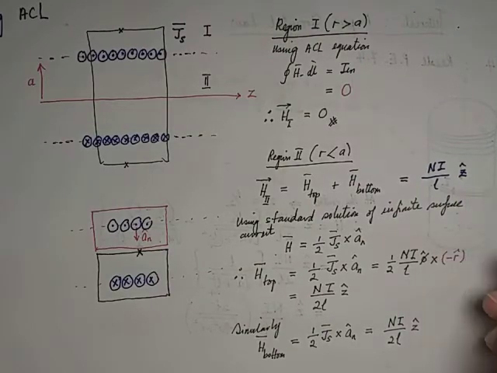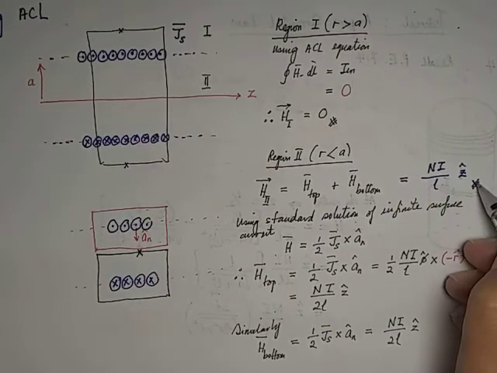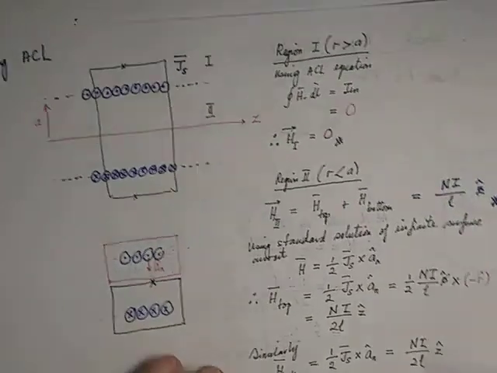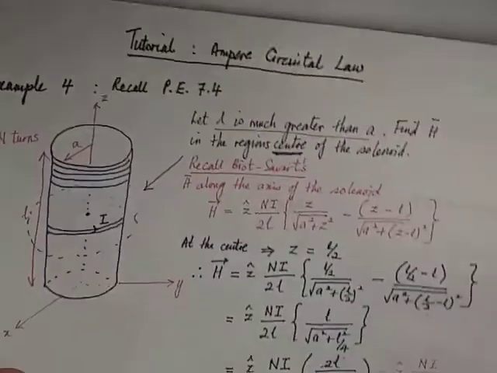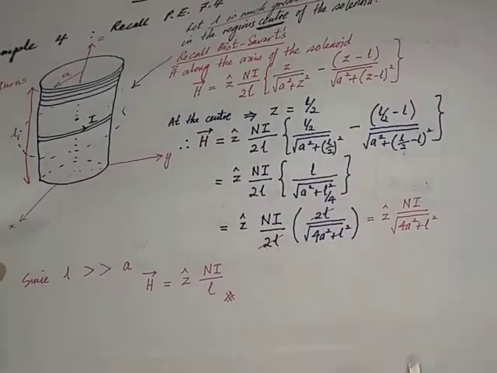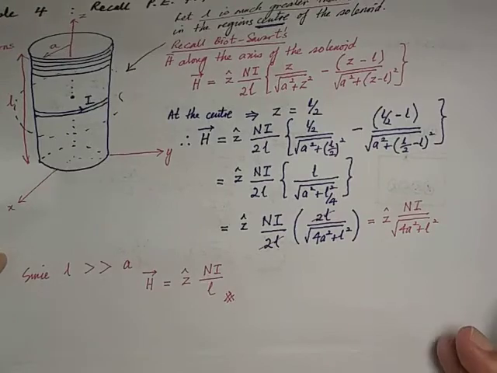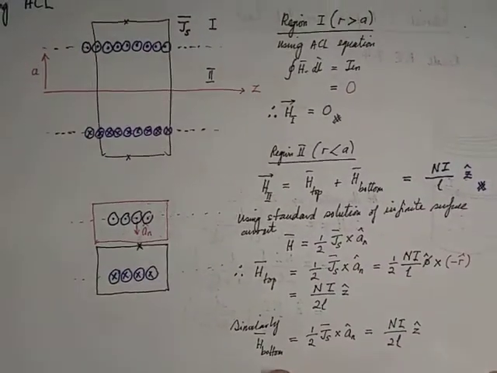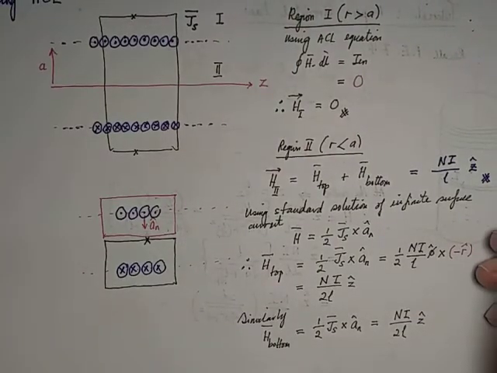Z direction. Okay, that should be the solution using ACL. So let's compare with what we have obtained using Biot-Savart. Okay, and then alhamdulillah, you can see clearly the final solution for both methods are the same. So therefore, this is going to be acceptable because they end with the same final results.